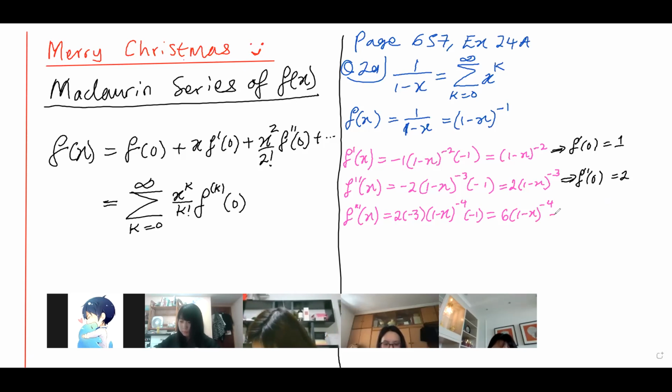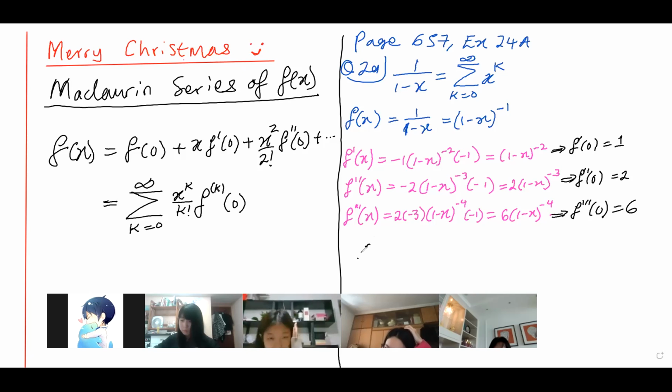Is that okay now, Clary? So the third derivative at 0 will just be 6. And these are factorial numbers, because if you look at the fourth, the expansion ends at x to the power 3. You can also always write up to 4, which is fine.